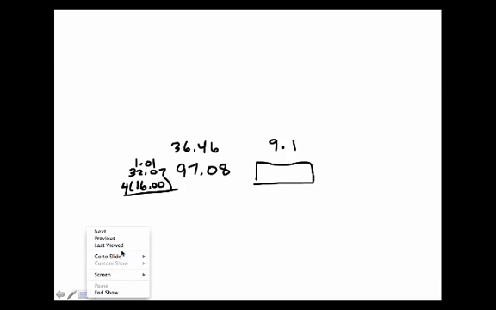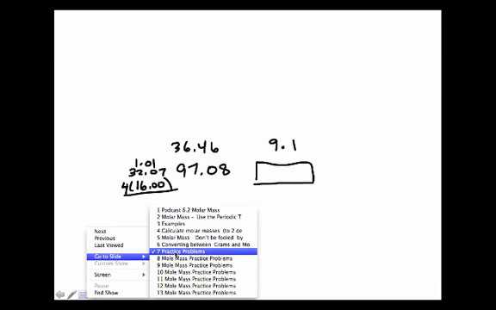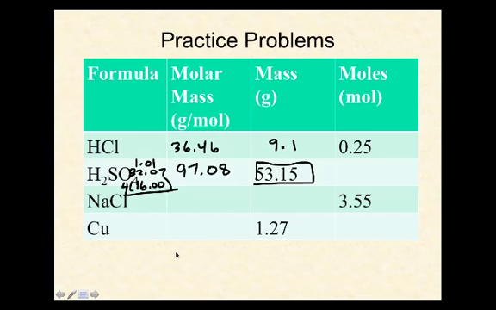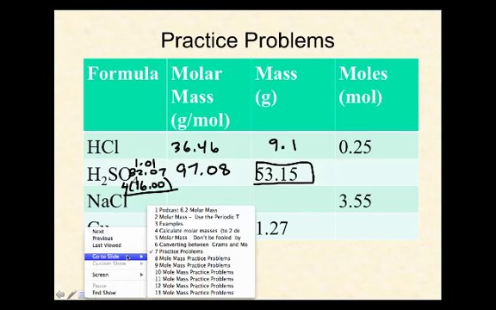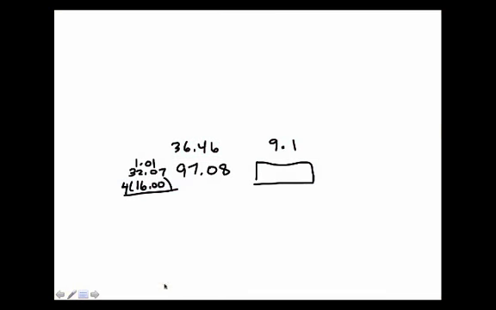I forgot what number that was. 53.15. So our problem starts with 53.15 grams of sulfuric acid.